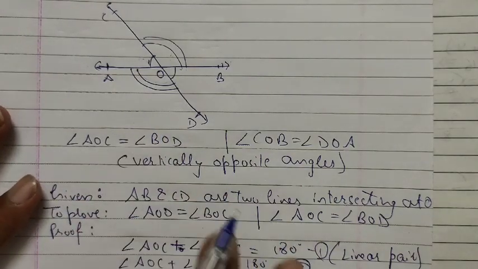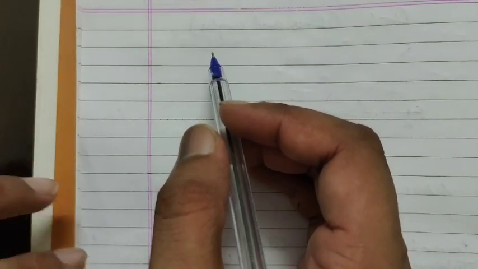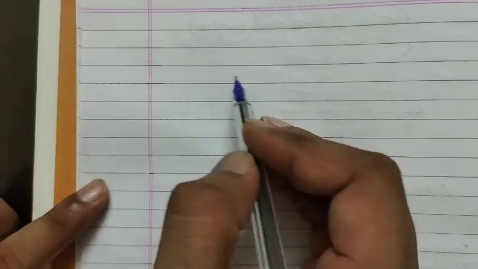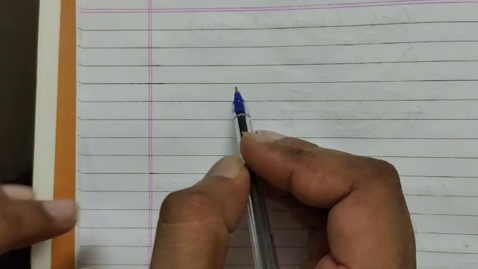So this is why vertically opposite angles are equal. Sometimes it may also be asked to prove that the sum of angles formed on a straight line is 180 degrees. That also we can do. The angles formed on a straight line sum to 180 degrees. This is an axiom, so we can directly use it also.